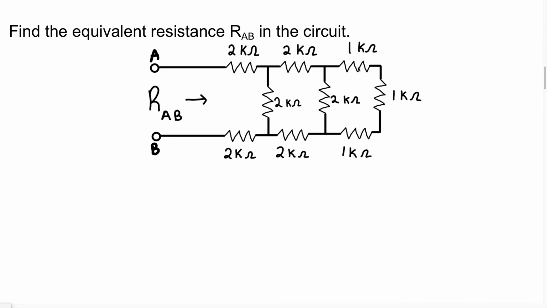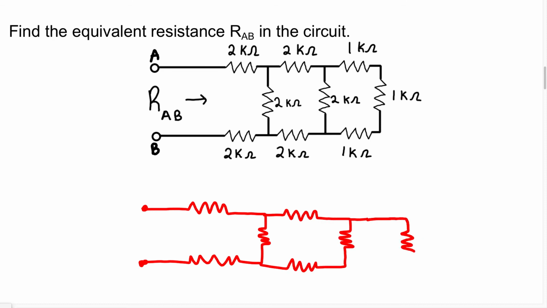So when we simplify this, we can say we have 1 plus 1 plus 1, which is going to give us 3 kilo ohm. So when we redraw this circuit for the first time, we can draw it as, so we're going to have 3 kilo ohm, which is going to cover these three resistors here because they're in series, right?